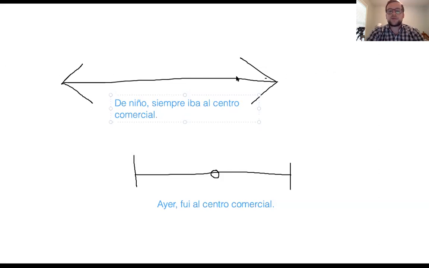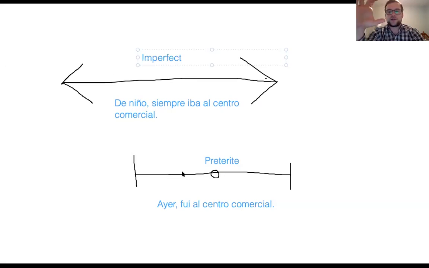You're looking at a timeline versus a point on a timeline, which would be the preterite, right? Here we have the preterite. This would be the imperfect. Okay. Now, another way to look at this is the preterite would be like a picture, right? Just one snapshot, okay? You can track the beginning and end.